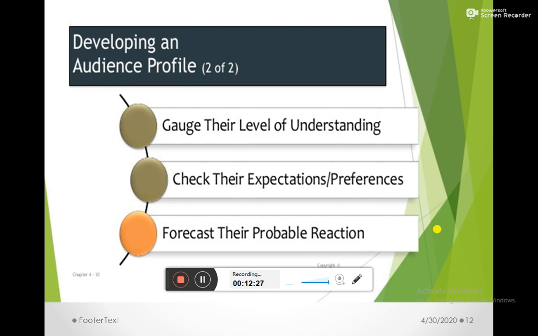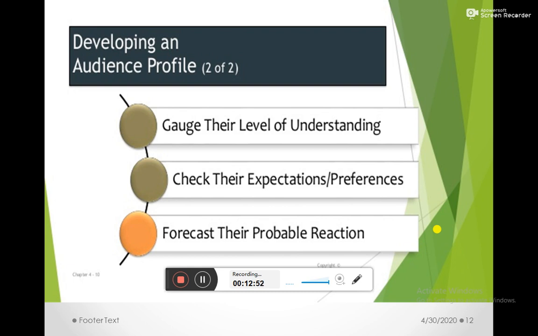If you look at the fifth point, check their expectations and preferences. It means that, for example, will members of your audience expect complete details or just a summary of your main points? In general, for internal communication, the higher up the organization your message goes, the fewer details people want to see.